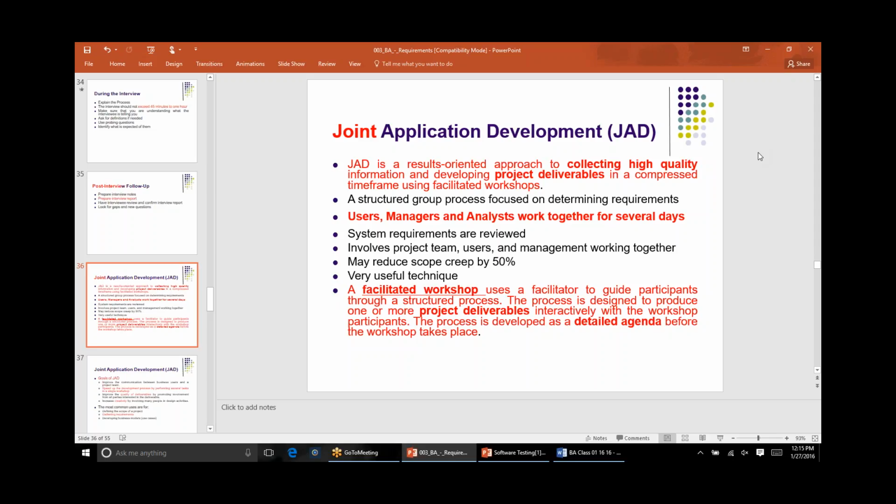So this term workshop, you will find, is being used fairly commonly, very regularly in the SAP world or in other software implementation and development also.